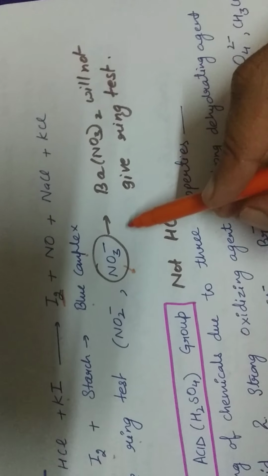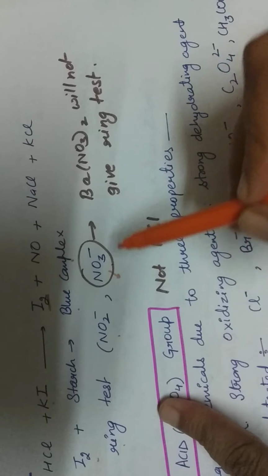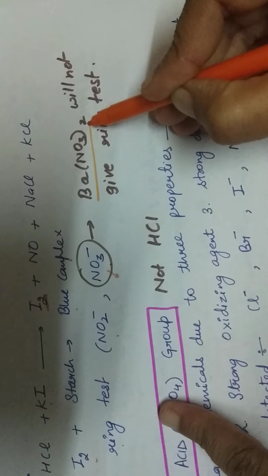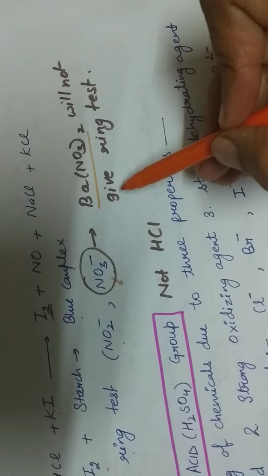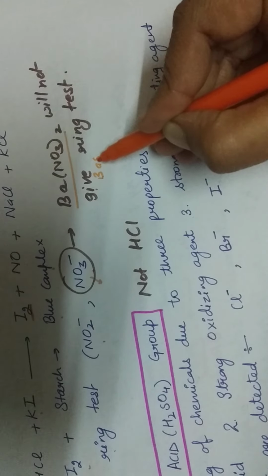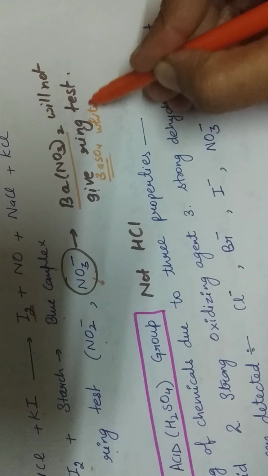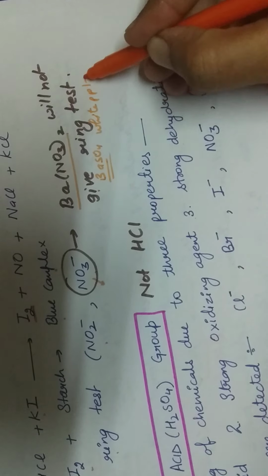Now one exception is there: the ring test is given by nitrite as well as nitrate, but barium nitrate will not give the ring test, because in this case BaSO4 is formed, a white precipitate. It will disturb the formation of the ring. So this is the one exception we can say, that barium nitrate will not give the ring test.